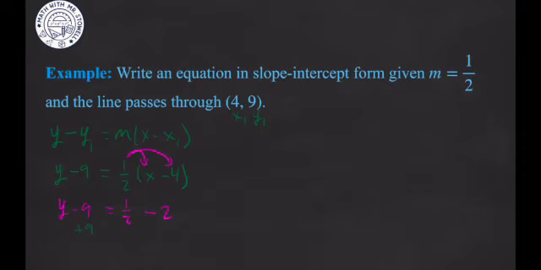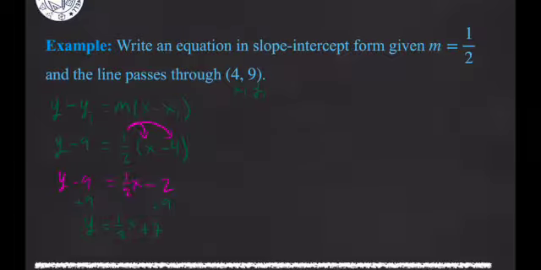Get the y by itself, so let's add 9. So y is equal to 1 over 2x. Don't forget your x's, otherwise we could end up in some interesting spots. Plus 7. And that is now in our slope-intercept form. Slope is 1 over 2. Intercept just happens to be 7 in this case.